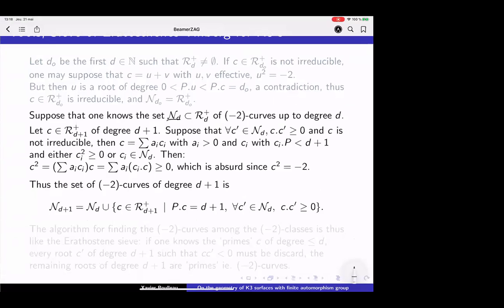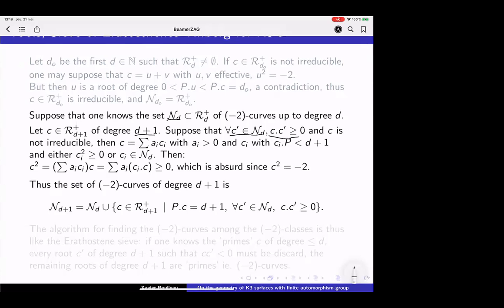That set is Nd, and you take a root C of degree d+1, and you suppose that for every nodal class, every class of a -2 curve, the intersection with your root C is positive or 0. And you suppose, moreover, that C is not irreducible.